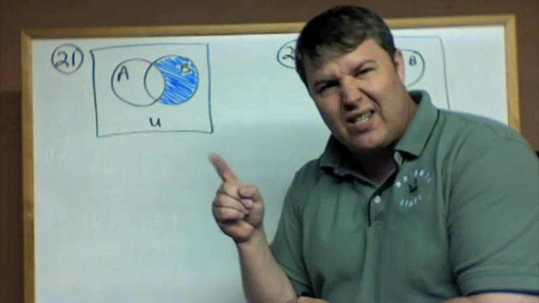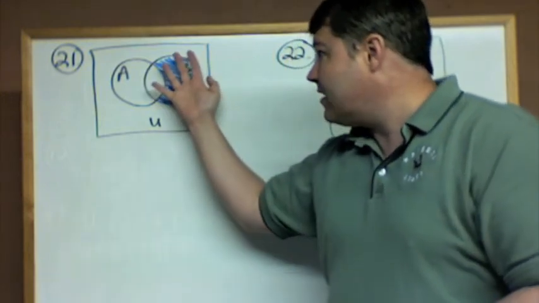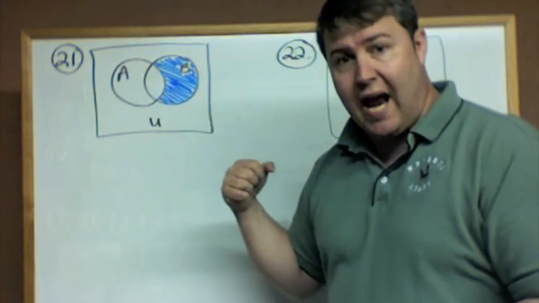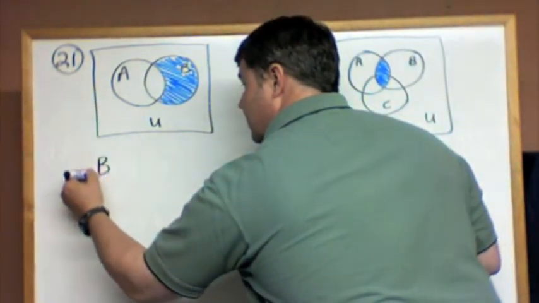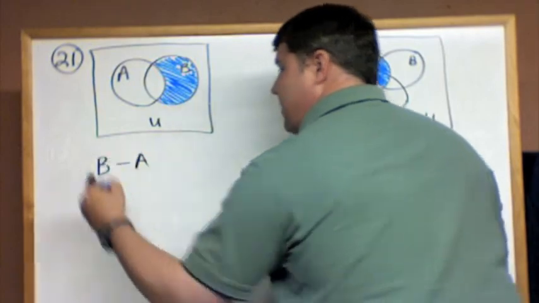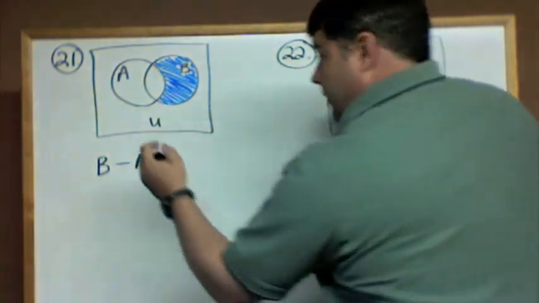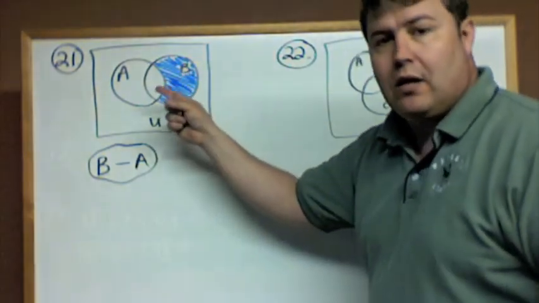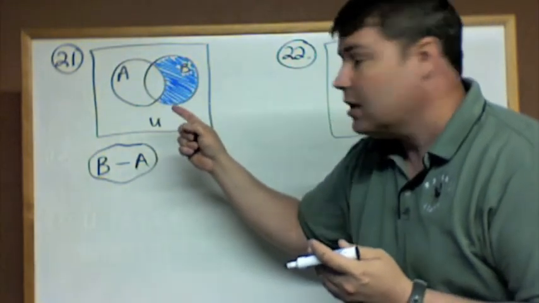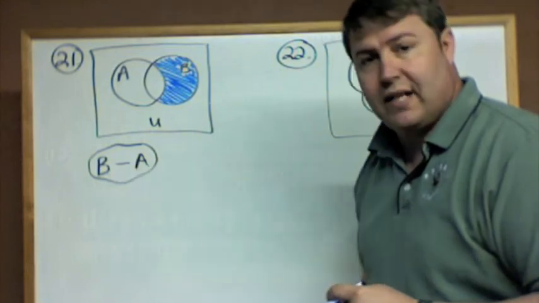And it's the minus thing. So if I want everything in B that is not in A, that's what's shaded here, then I want B not in A, or B minus A. That's all. They don't have any numbers or any particular elements, so that's just B minus A.